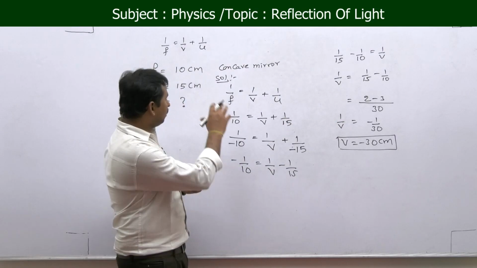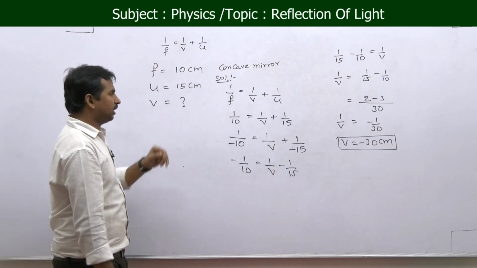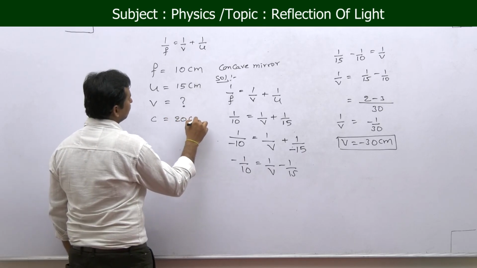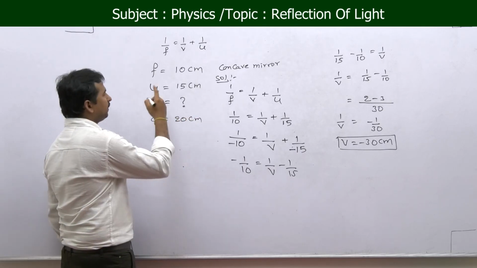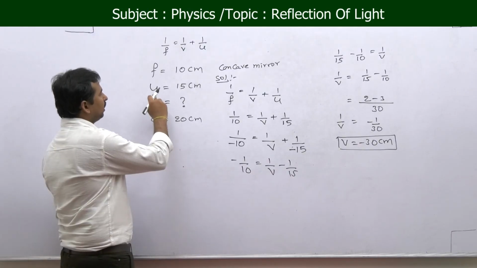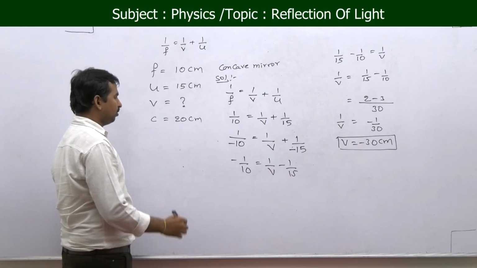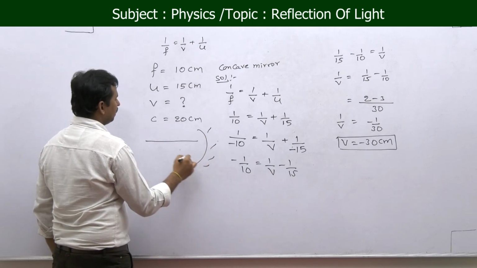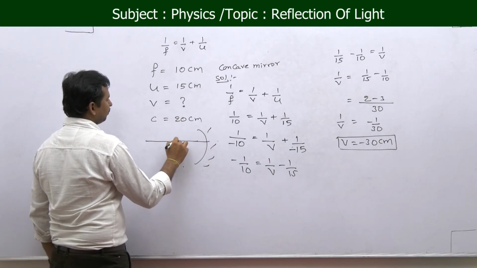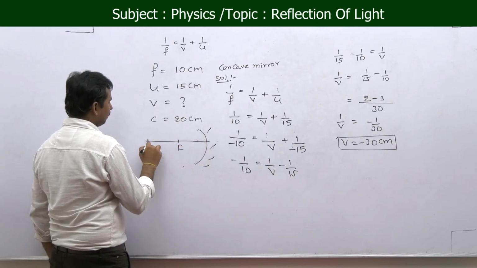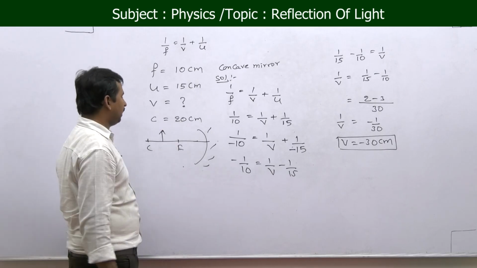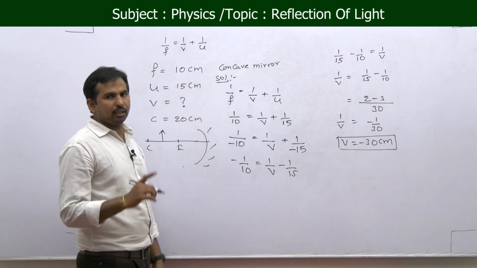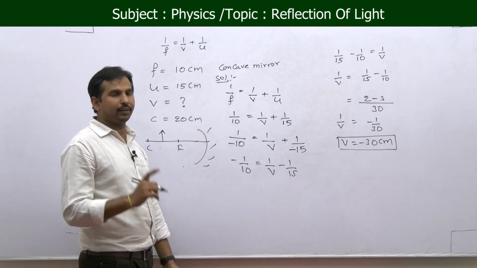For example, in this problem, as the focal length is 10, its center of curvature position becomes 20 centimeters, that is the C value. F is at 10, C is at 20. Then the object distance u is 15, meaning the object is placed in between C and F. As the object is in between C and F, the image has to form between C and infinity.